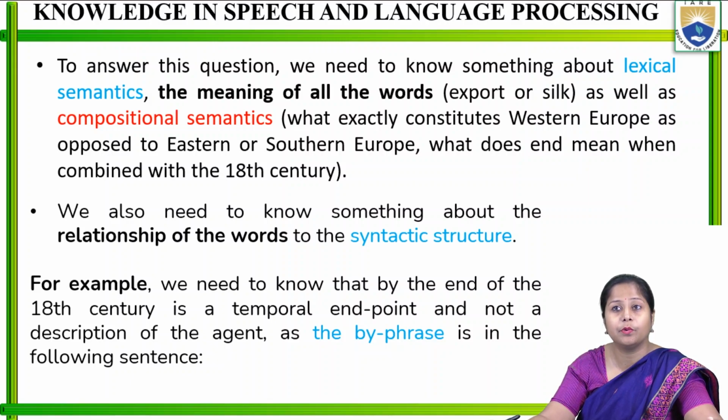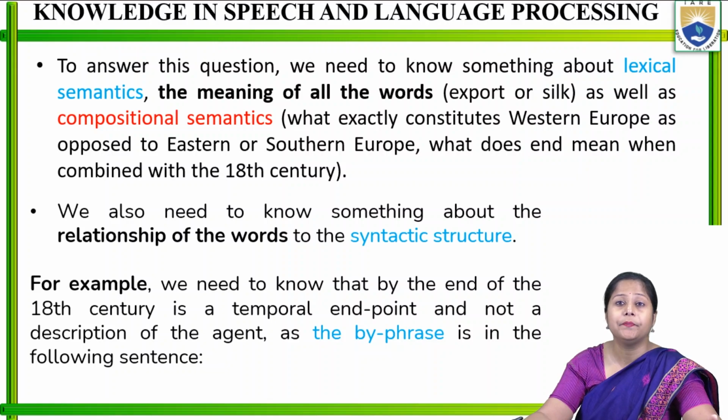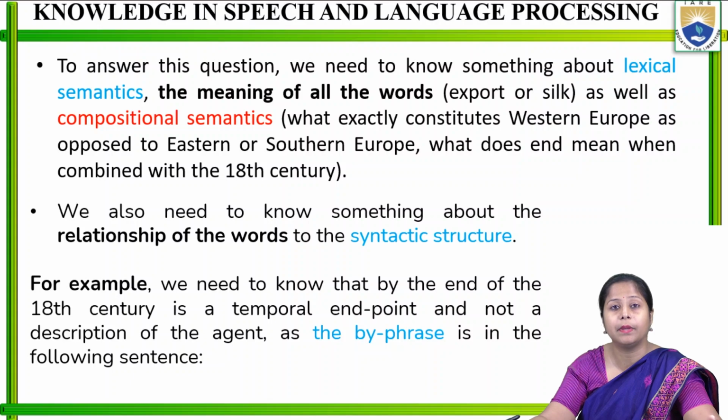Here, export and silk. The machine needs to understand the meaning of all the words together, as well as compositional semantics: what exactly constitutes Western Europe as opposed to Eastern as well as Southern Europe, and what does and mean when combined with the 18th century?